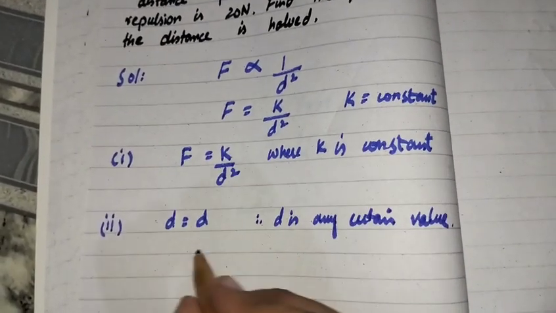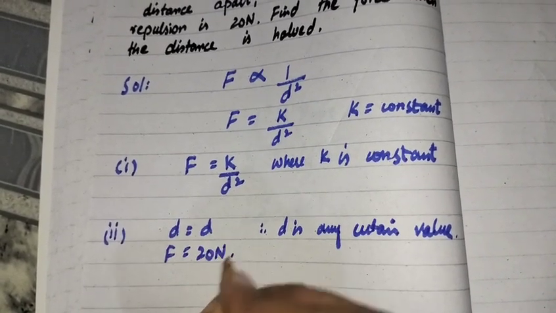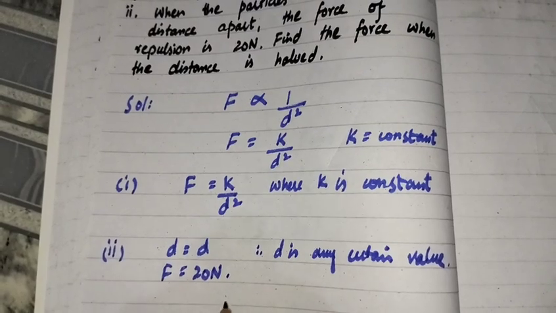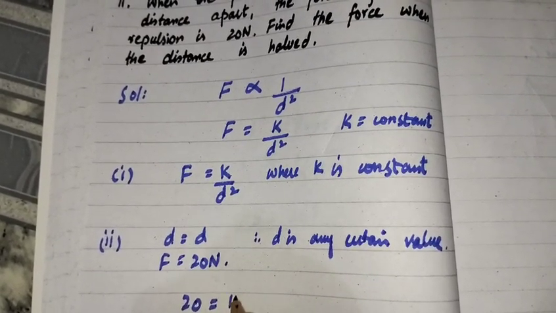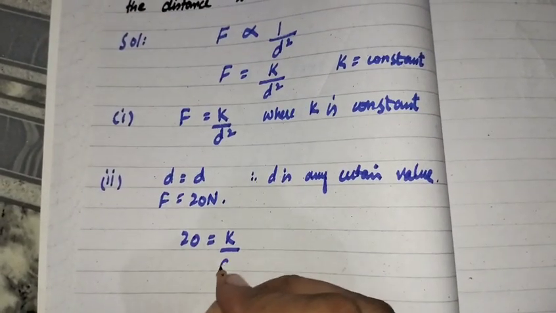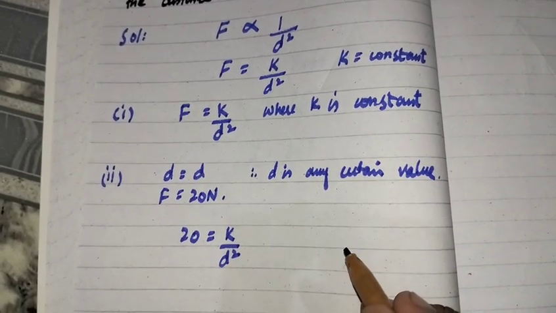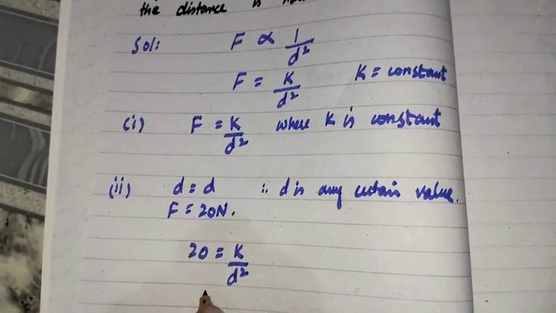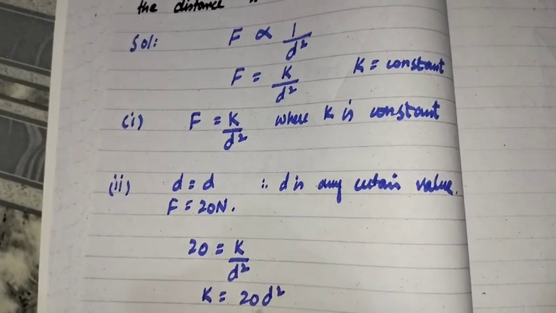At this d value, the force is given as 20 Newton. So we can say that 20 is equal to k upon d square, or k will be equal to 20 into d square.